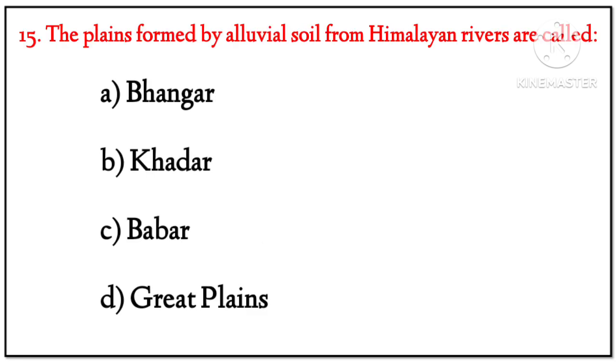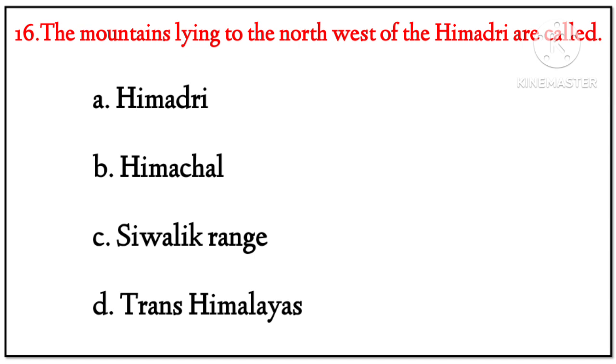15th, the plains formed by alluvial soil from Himalayan rivers are called Bhangar, Khaddar, Bhabar, and Great Plains. Our right option is D, Great Plains or Northern Plains. 16, the mountains lying to the northwest of the Himadri are called: Himadri, Himachal, Sivalik Range, Trans Himalayas.